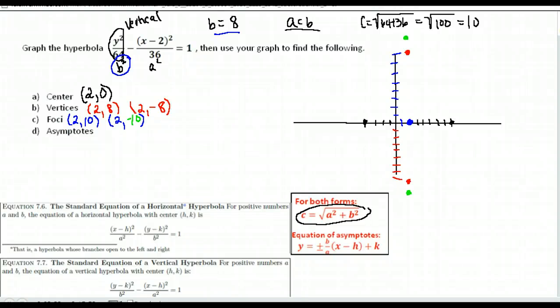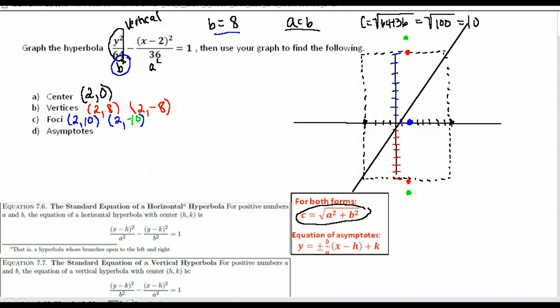Then we're going to form a little guide box or rectangle going through the vertices and those a values that we just marked. The asymptotes, when you're drawing them, should go through the corners of that rectangle and through the center.